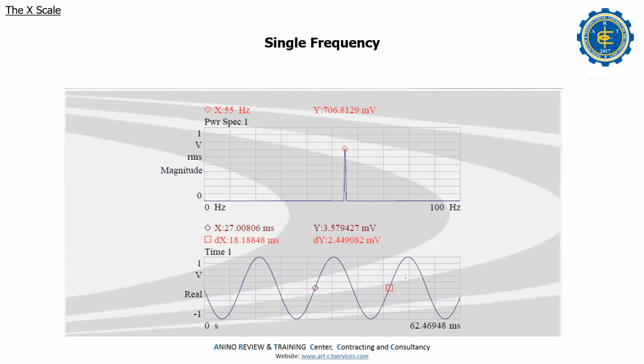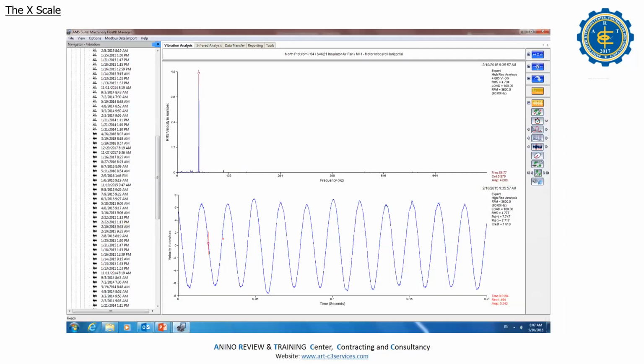So you have a single frequency with its magnitude, and this is the time waveform. This is the display, but this is the example. See, 1x, always the fan frequency, 30 to 60, about 40, 4.8.